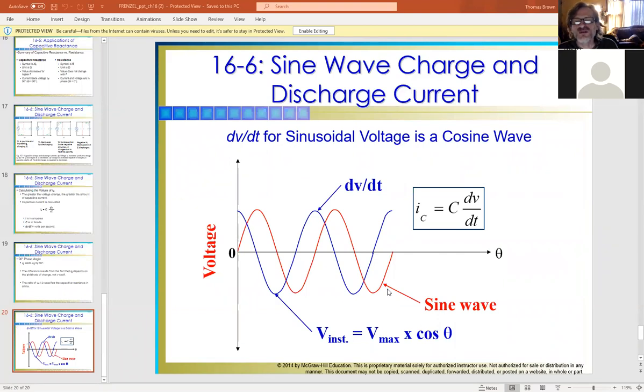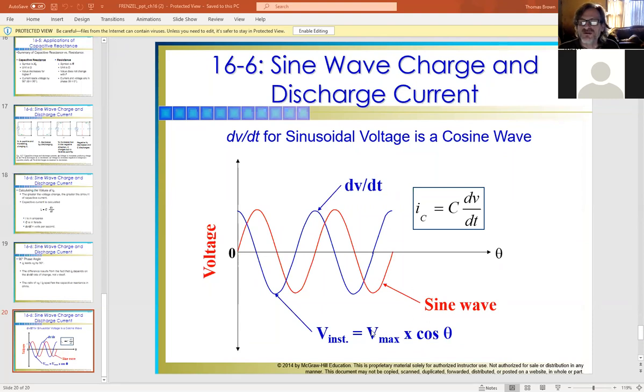So here's what it would look like if we could measure both simultaneously, if you will, like the red one here and the blue one, and how much shift we have occur. This is very much what it would look like. And you can see that we use the cosine symbol to show our shift of that 90 degrees.